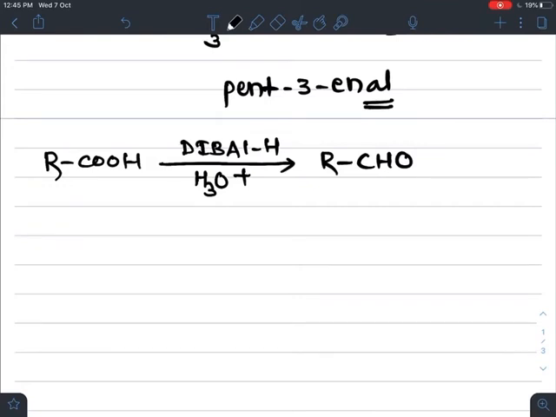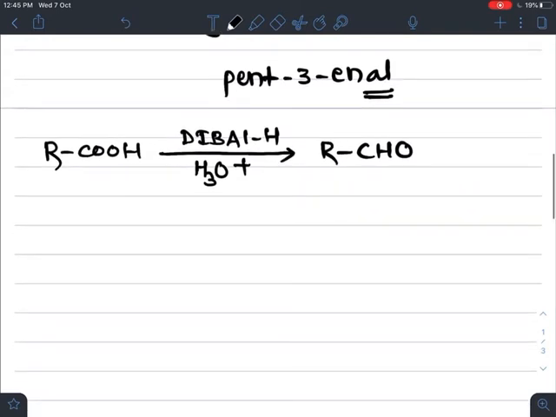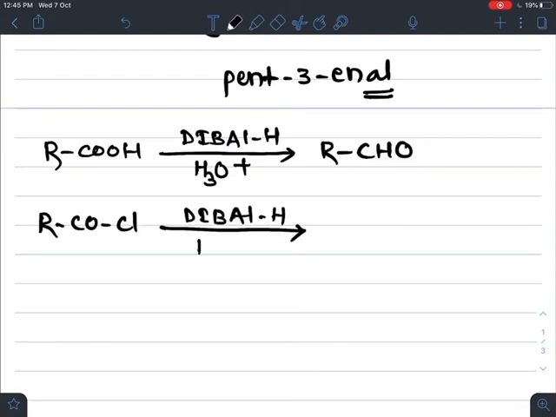The reaction is stopped at this step. So carboxylic acids are converted into their corresponding aldehydes. Again, if we take acyl chlorides, when they undergo reduction with diisobutyl aluminum hydride and further acid hydrolysis, they are finally converted into corresponding aldehydes.